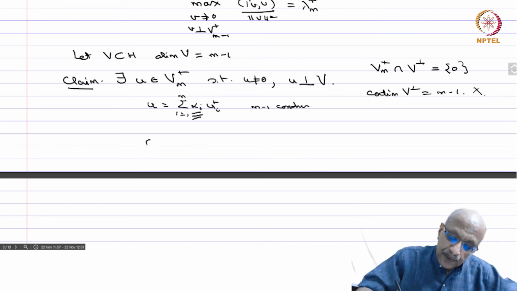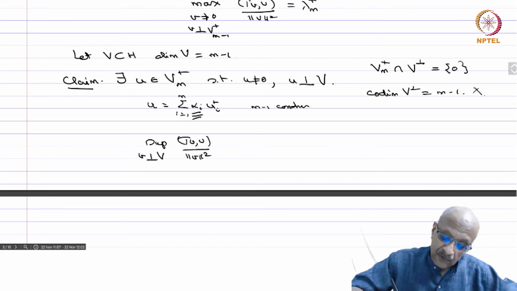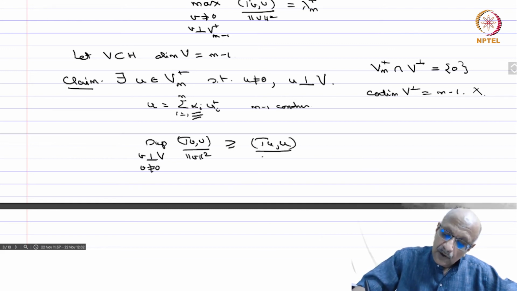Therefore sup of (Tv,v) by norm v square, v orthogonal to capital V, v not equal to 0, is greater than or equal to (Tu,u) by norm u square.